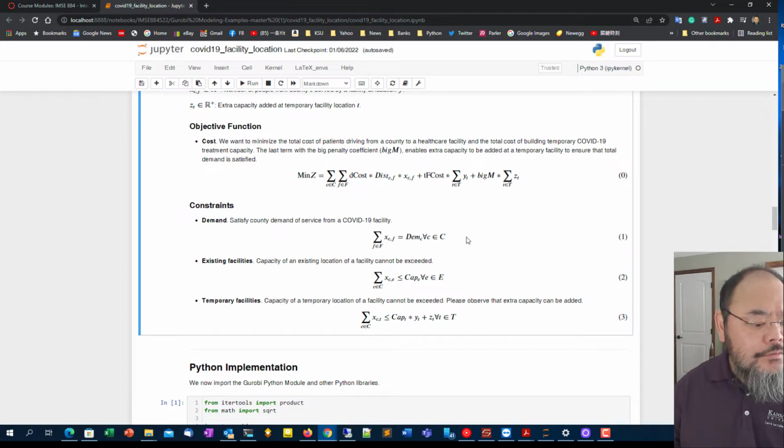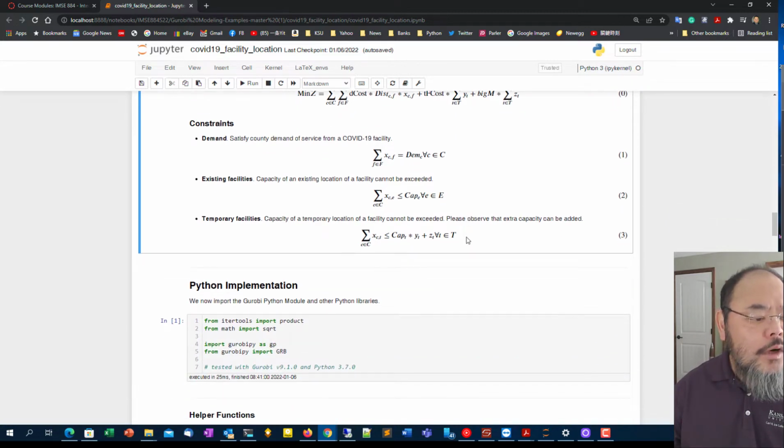We separate two other constraints. One designated to the existing facility with a capacity. The capacity of the location of an existing facility has a cap, so we don't have any option at this point to increase the capacity for the existing facility.